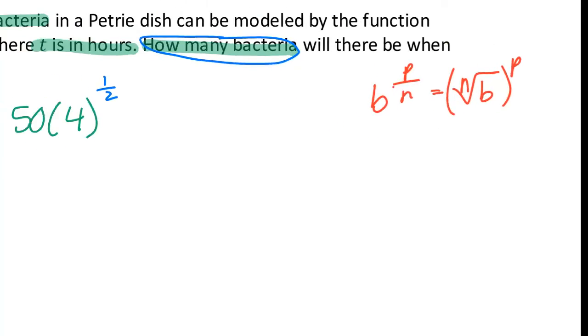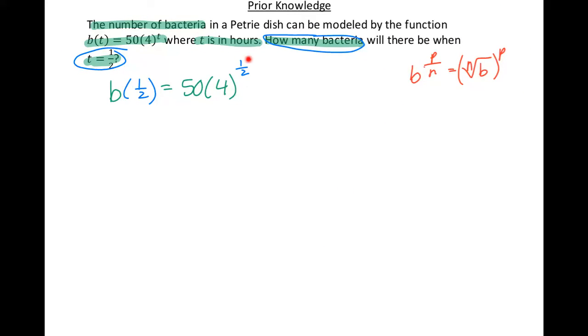So if we look at this 4 to the 1/2, my denominator is my root. Because that's a 2, this is a square root of 4. That 1/2 really means the square root of 4 raised to the p power, but p is 1 here, so it's just raised to the first power.